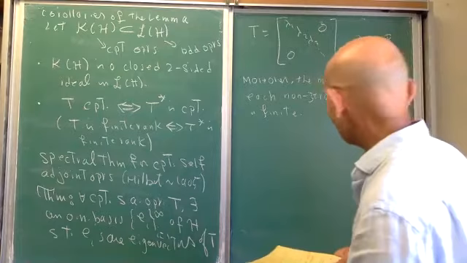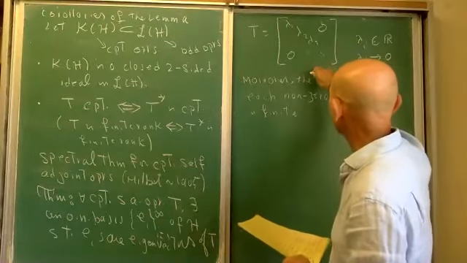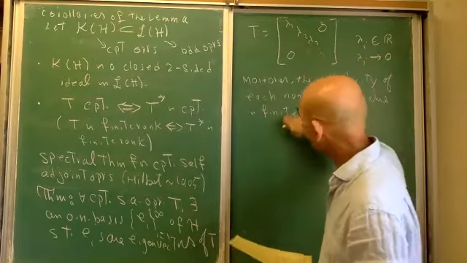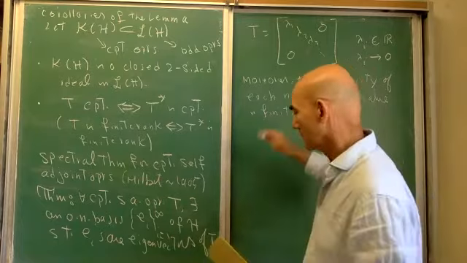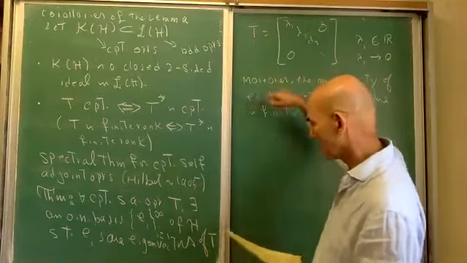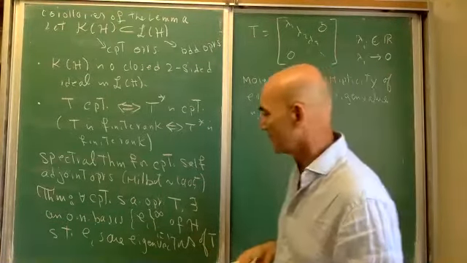So that's why we can never have non-zero eigenvalues of infinite multiplicity. As a result, these non-zero eigenvalues are going to 0.